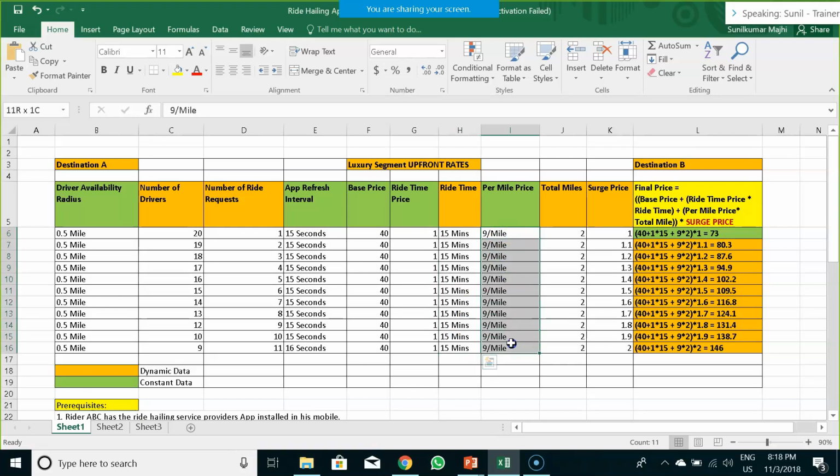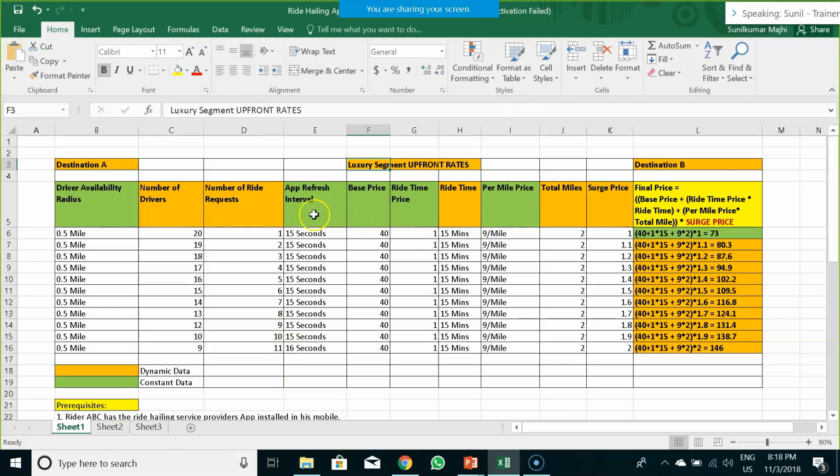After that, you have the per mile calculation. What is the base rate per mile? Depending on the segment, whether it's the Uber luxury segment, Uber Black segment, or Uber Go segment, it should give me a base per mile charge, which I am going to apply.